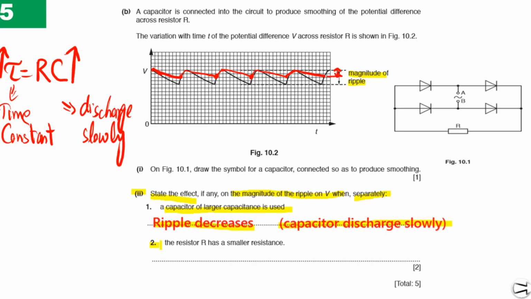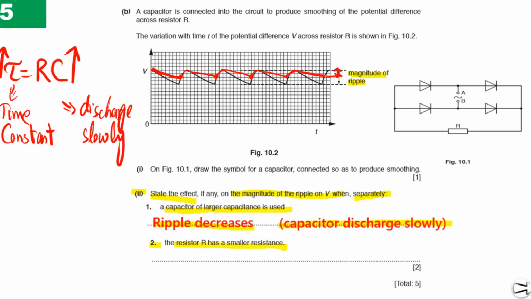Next part. The next thing is asking us, if the resistance of the circuit is smaller, what is the effect on the time constant? First of all, we will see the effect on the time constant, and then the effect on the magnitude of ripples.